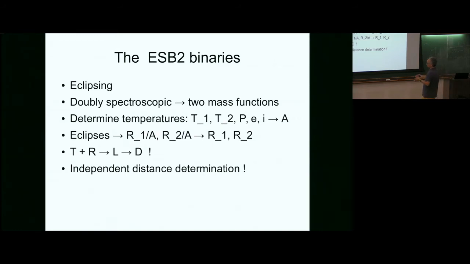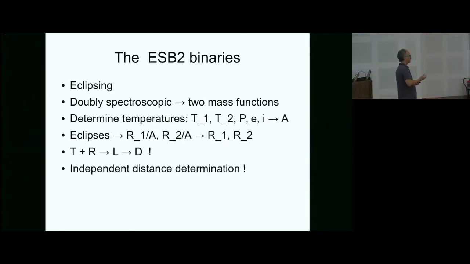And apart from the independent distance determination, they provide an independent determination of the radii and masses of stars. So they are very important for verifying the stellar evolutionary scenarios, because these are the main type of binary stars for which we can measure both the masses and the radii, which we cannot really do for single stars and for other stars in binaries.